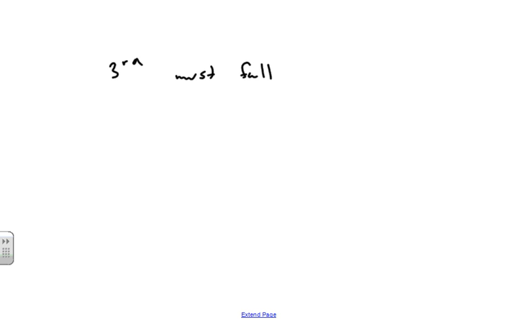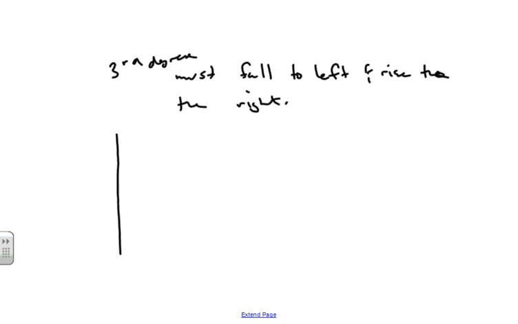Well, when you think about this, if we just sketch it out, third degrees do rise to the right and can fall to the left.